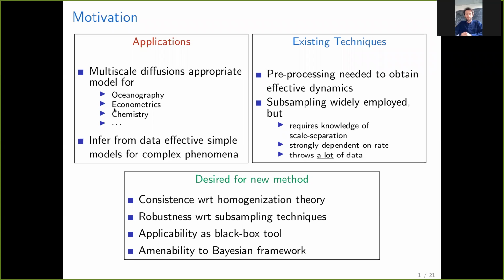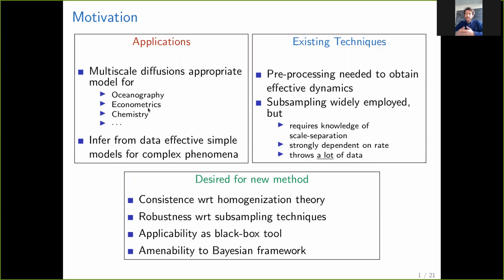Therefore, a possible goal is to determine effective models which capture the slow variation, disregarding or taking into account the fast variation of the problem, to create an effective problem which is capturing the slow variations of the multiscale problem.